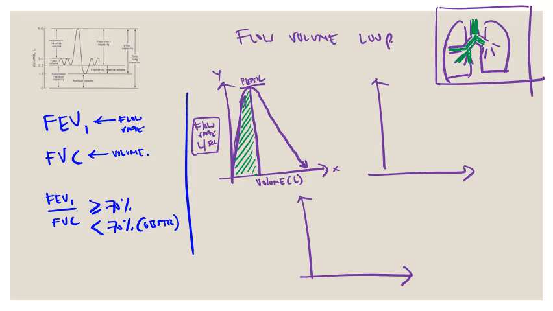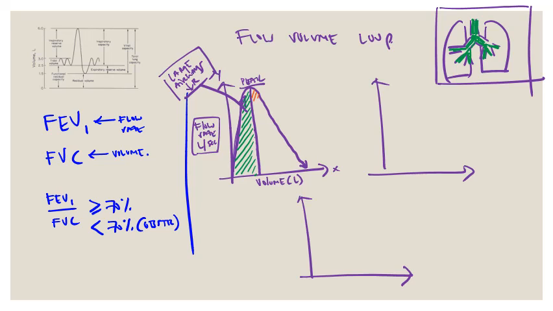So this represents all of the large and medium-sized airways that have little to no resistance, and I'm actually going to write that here. So the area in green is going to be large airways, which means low resistance. So air is able to be evacuated pretty quickly.